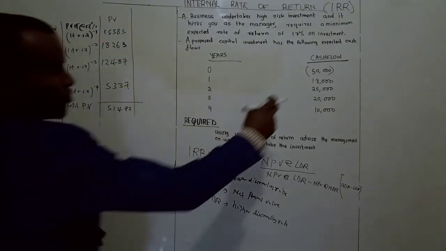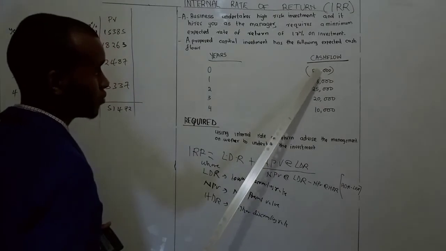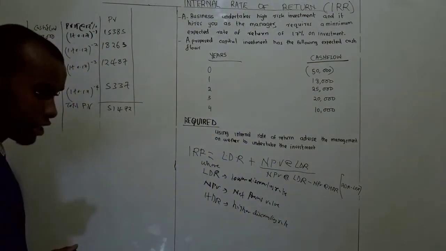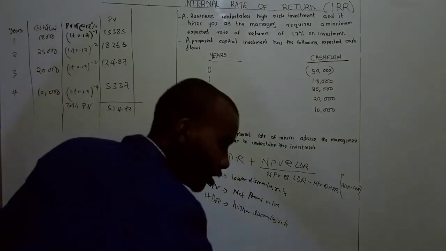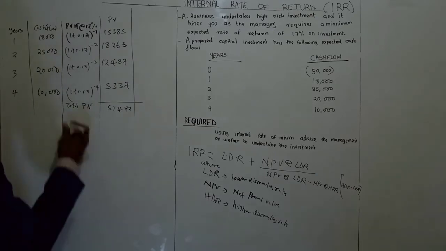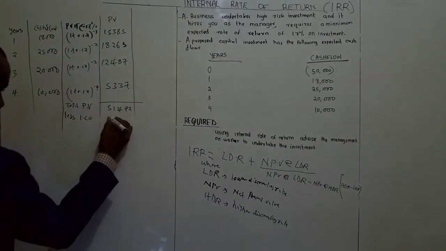We already have the cash outlay as 50,000. You are told in the question the cash outlay is 50,000. Now what you need to do is less the initial cash outlay of 50,000.